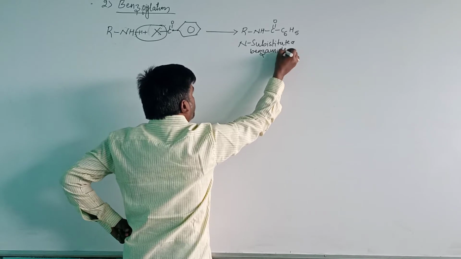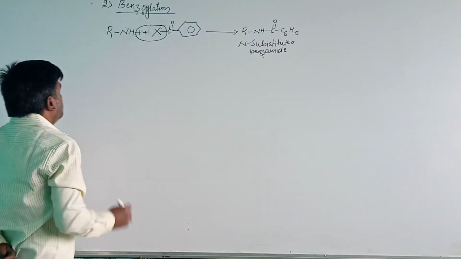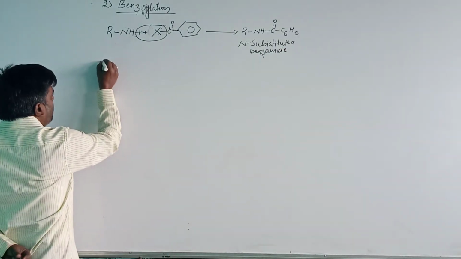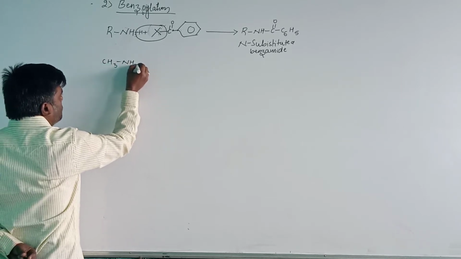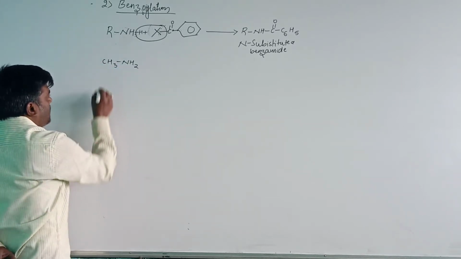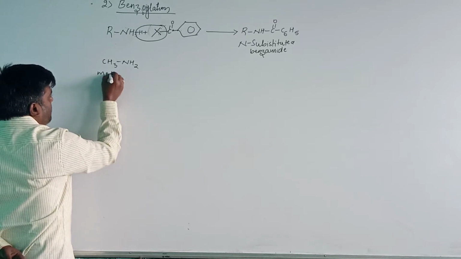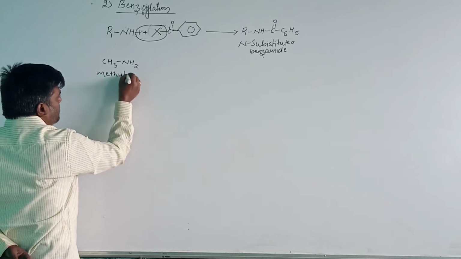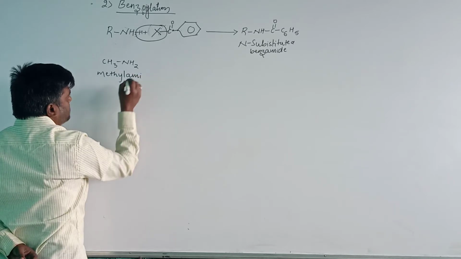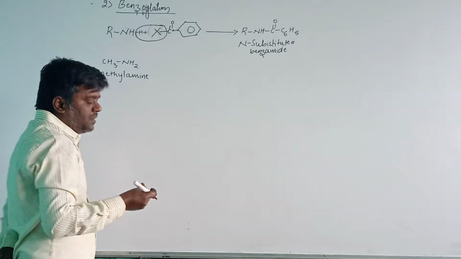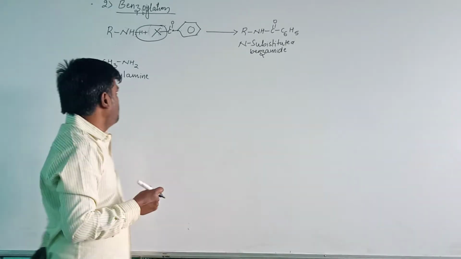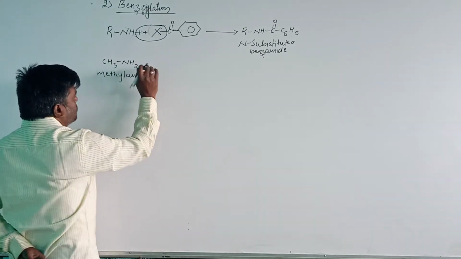Then let us see a particular example for this reaction. When CH3NH2, that is methylamine, reacts with benzoyl chloride, we can also take benzoyl bromide, benzoyl iodide, etc. We can take any halogen here.